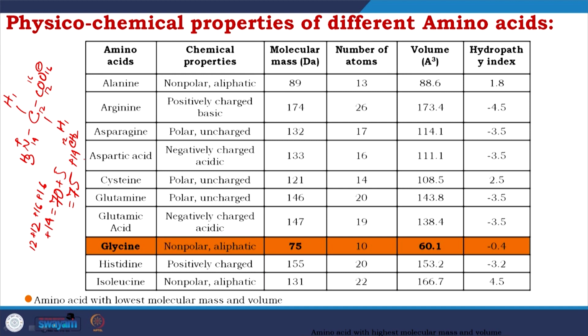Also you could calculate the number of atoms. For alanine it is 13, for arginine it is 26, for asparagine it is 17, for aspartic acid it is 16, cysteine it is 14, glutamine it is 20, glutamic acid 19, glycine 10, histidine 20, isoleucine 22.